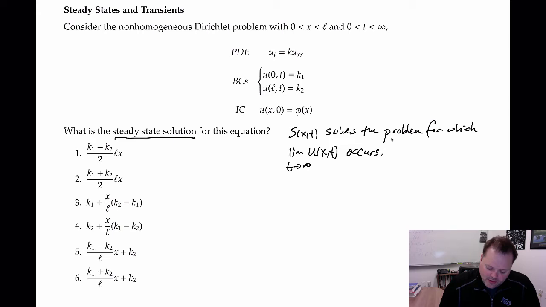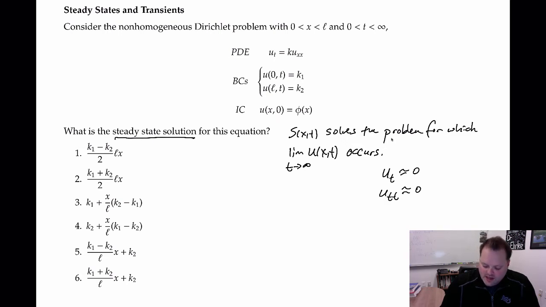What does that mean, though, to think about the limit as t goes to infinity of the solution to this problem? Well, it means that u_t is approximately 0. There's no change over time with respect to the u variable.